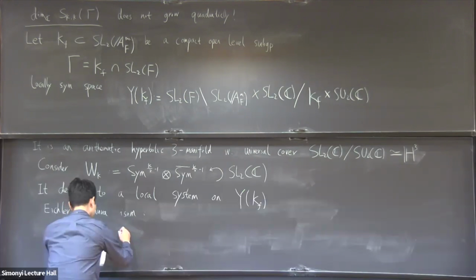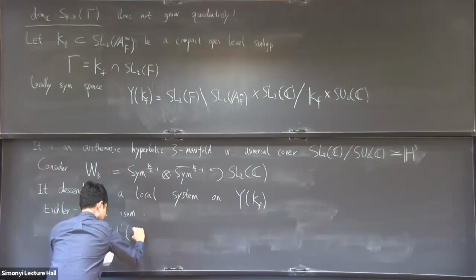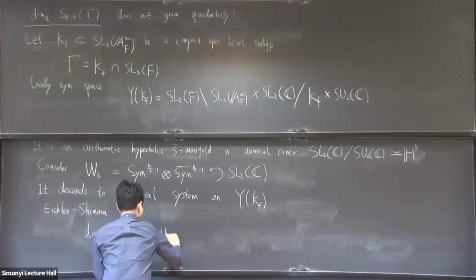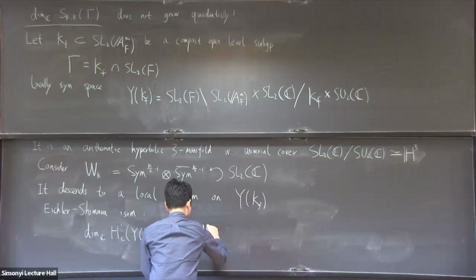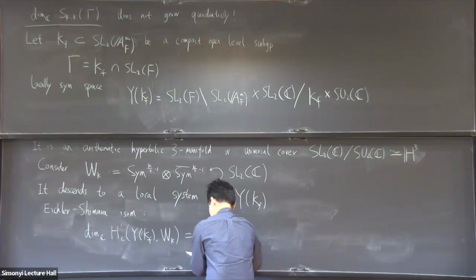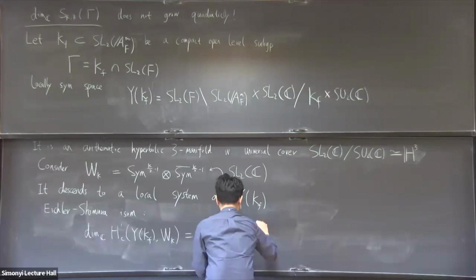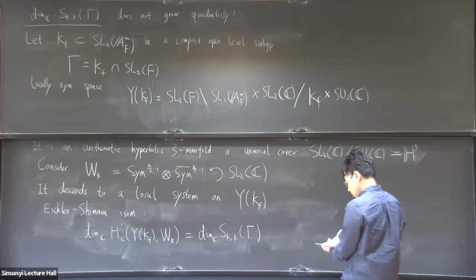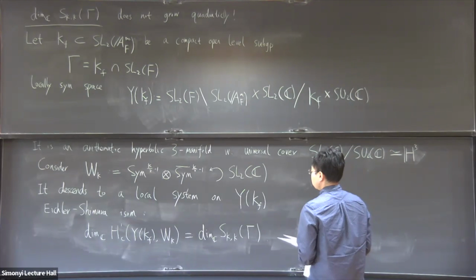So you can compute S_KK in terms of the compactly supported or cuspidal cohomology of Y_K with this local system W_K.